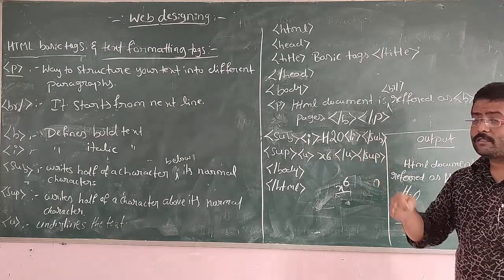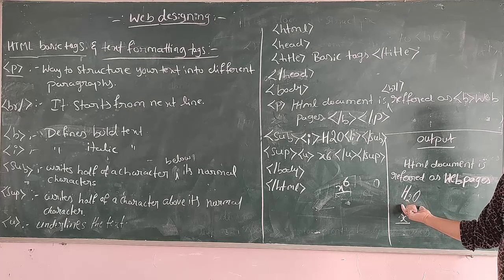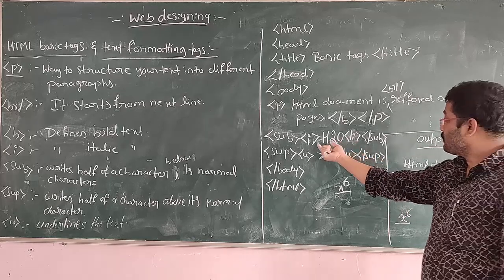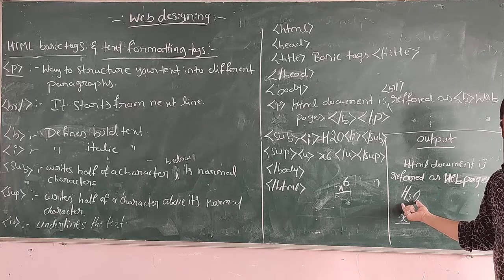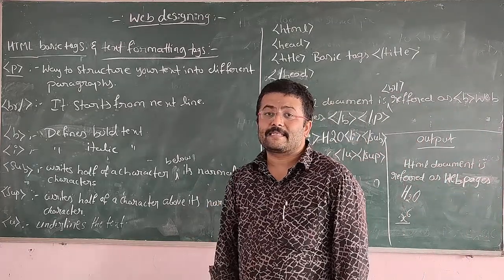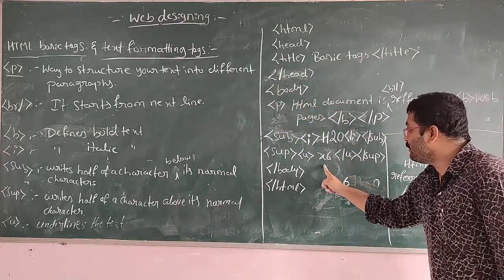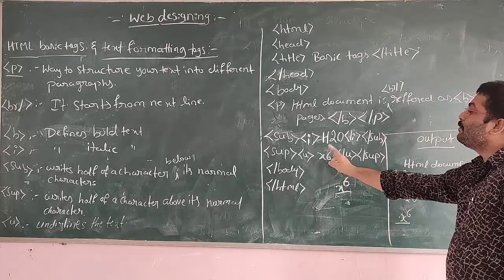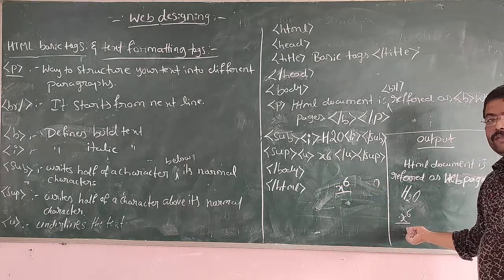Inside the subscript tag I am using H2O as my text, so it will be displayed in the form of H2O, that is subscript form, and it also has an italic tag, so it will be displayed in italic font style. So at last, in the superscript tag I am using X6 as my text. So X6 will be written in the form of x to the power of 6. So I am using one more tag, that is U, that means underline. So it is underlined. So that's it. Thank you.